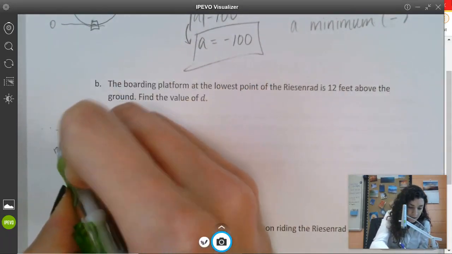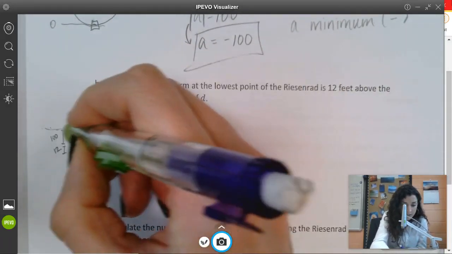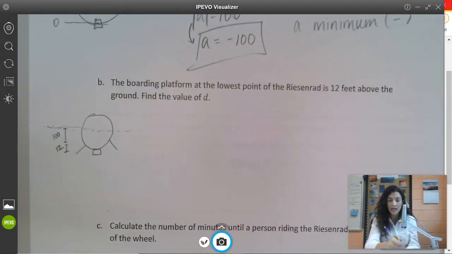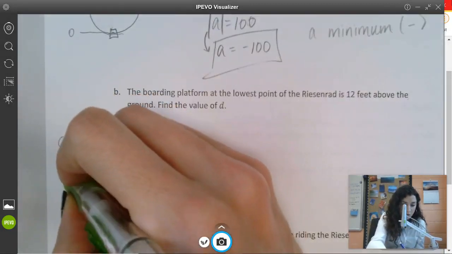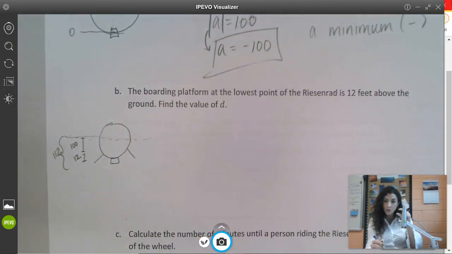If our amplitude is 100, then our principal axis, that middle line, would be those two together: the 12 feet added on extra to the 100 amplitude.